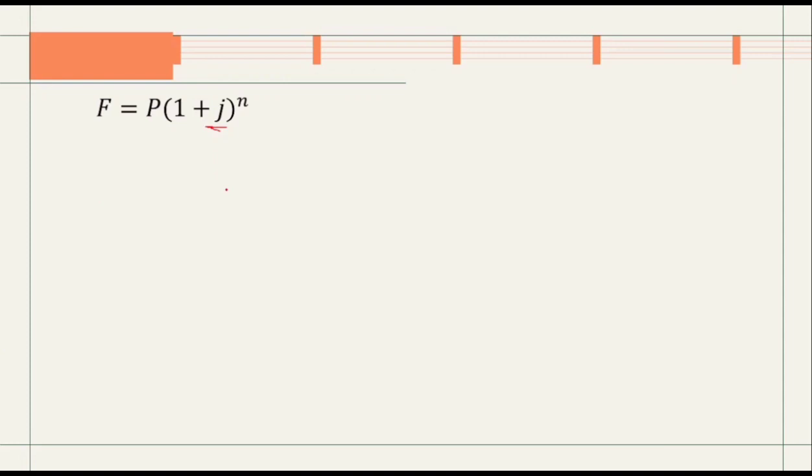From the given problem, we're going to substitute the values in this formula.